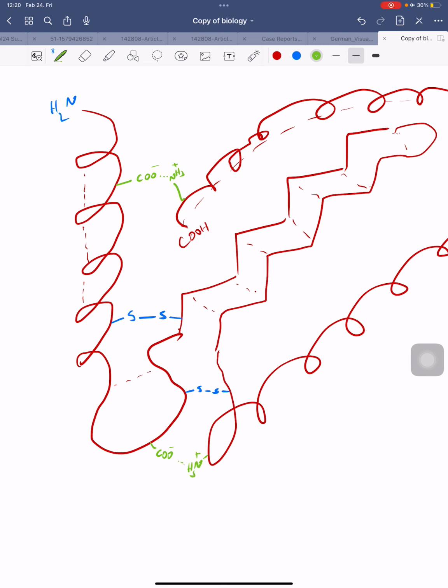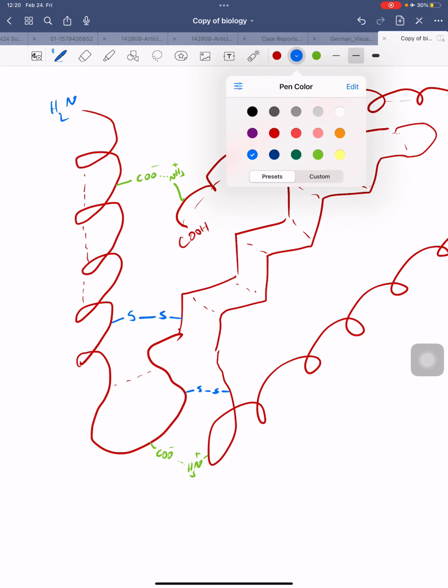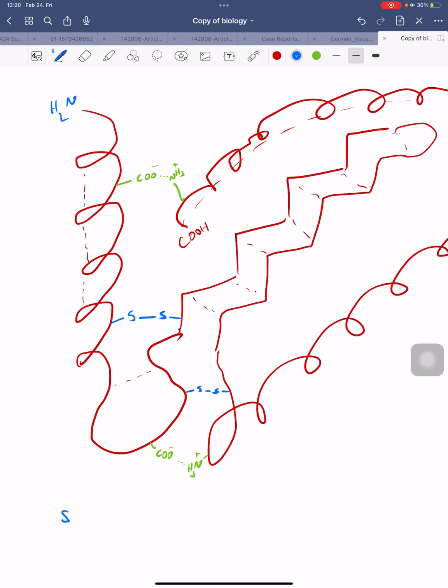Let me write in the same color: salt bridge or ionic interaction. Or we can have a disulfide bridge between two cysteine.